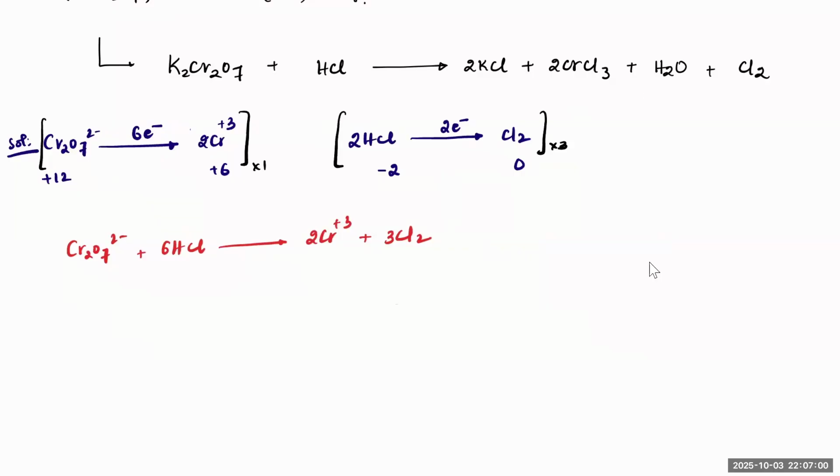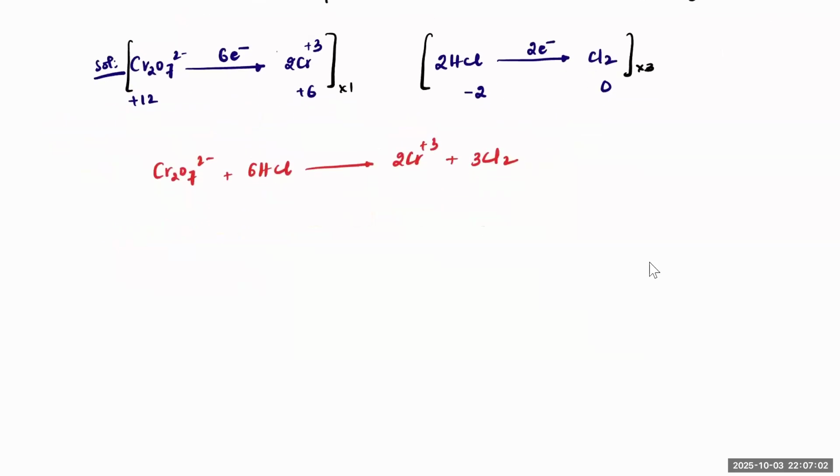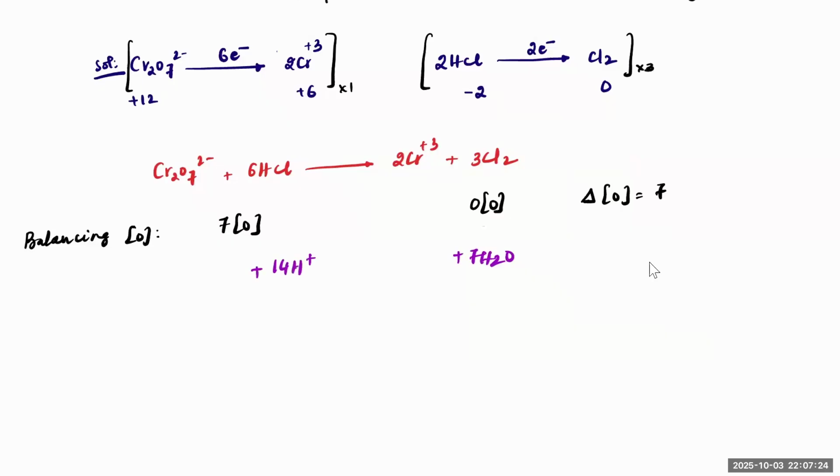So first let us try to balance oxygen. That is a better way which we know. Balancing oxygen, you will find there are 7 oxygens on the left hand side and 0 oxygens on the right hand side. So the difference in the oxygen value is 7. Which means I need to add 7 H2O here and double the number of H plus ions. And then add them. What do I get?